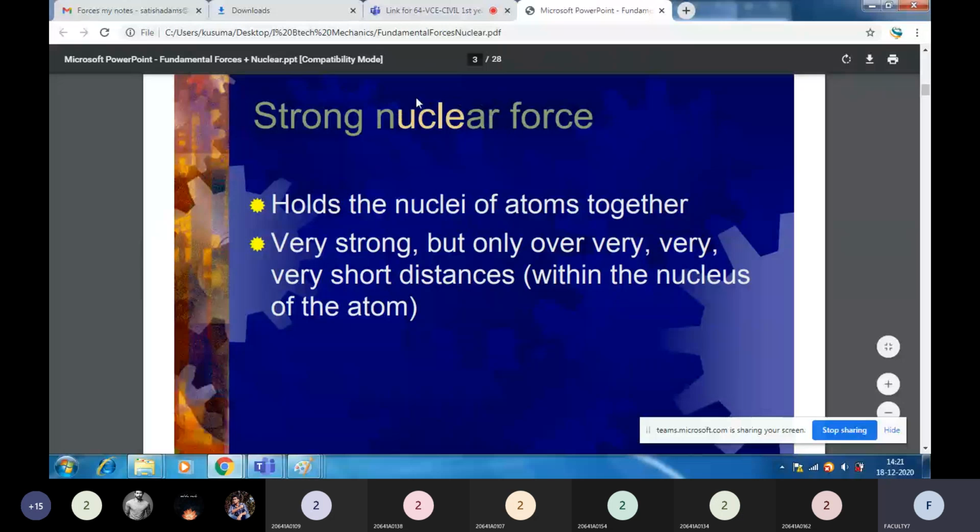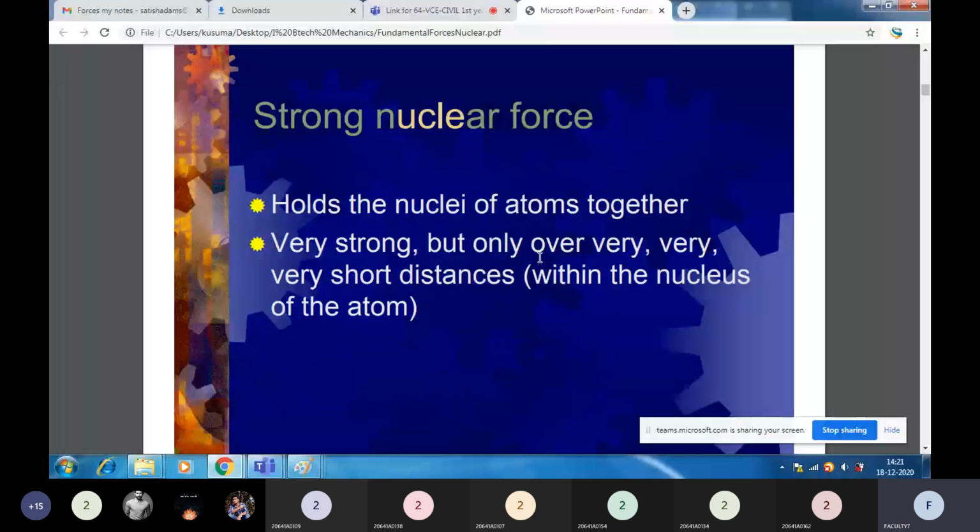The atom is very small. That is why, even though this particular force is stronger when compared with the three remaining forces, the range will be very short. That is our second point that you need to consider.